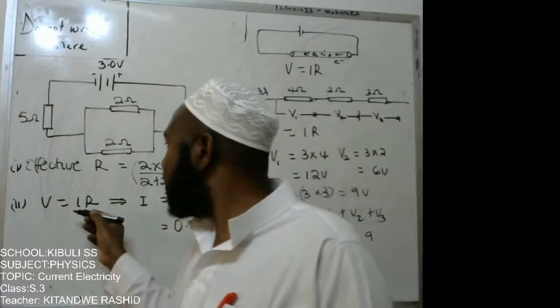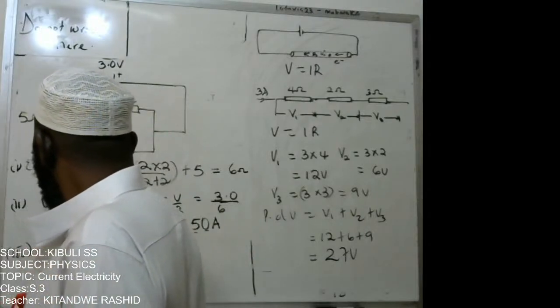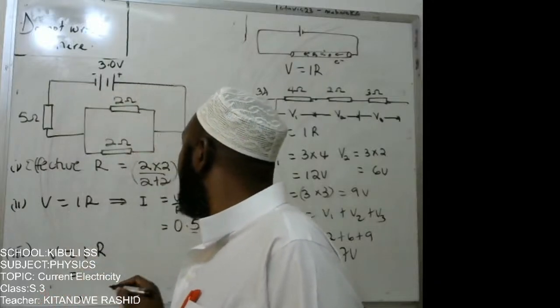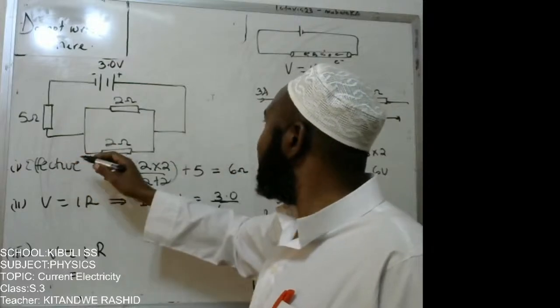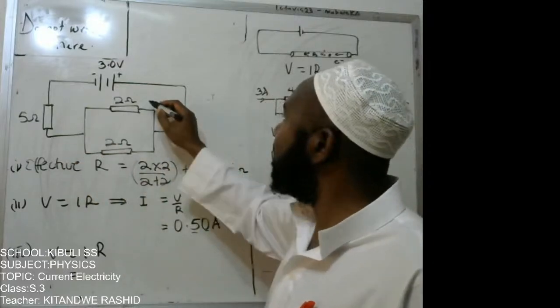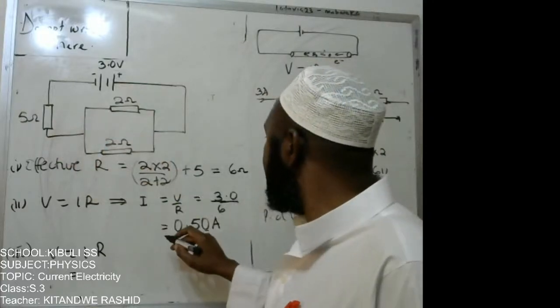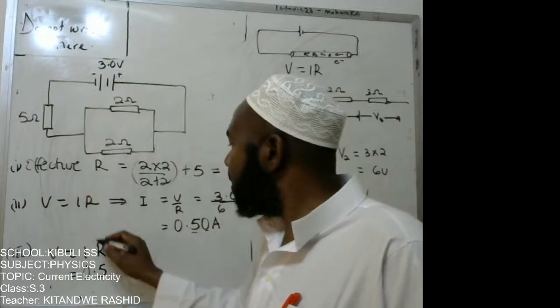Still we are going to use Ohm's law. V is equal to IR. Now the current passing through the 5 ohm is actually the total current, because this one is in series with that. So it is going to remain 0.5, and the resistance is 5.